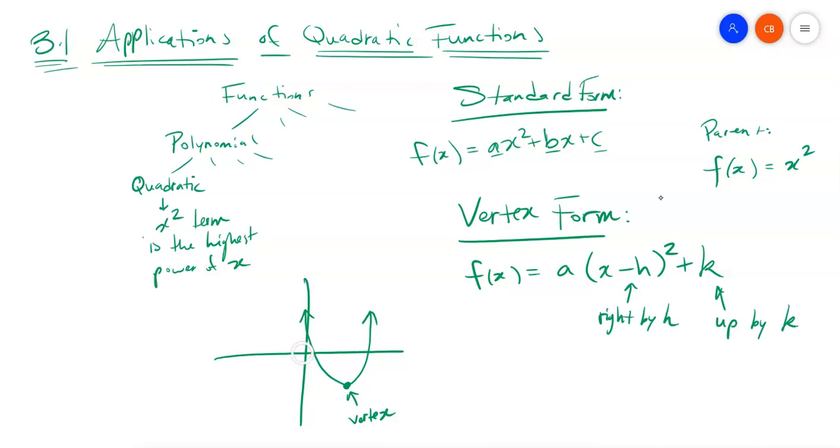And so we would go basically to the right by h and then up by k. The way that I've drawn this one, we know that this k value is negative because it's in the fourth quadrant over here. And so we would be able to graph, at least to place the vertex based on the vertex form.